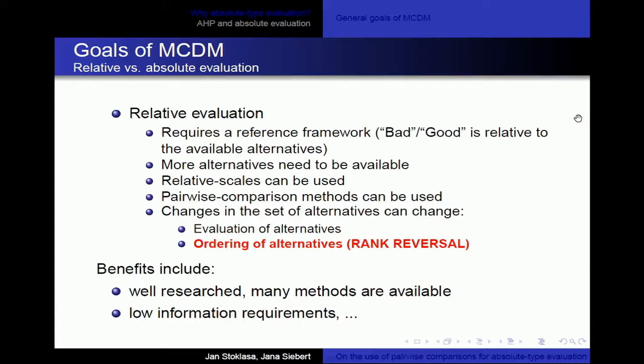Obviously, if you only have one alternative, ordering is not a problem, but the evaluation of the alternative, if you only have to compare it with itself, becomes impossible. But then again, you might not have a decision-making problem if you only have one alternative, but you might be interested in its evaluation. So this is one drawback of relative type methods. If you only have one alternative at a time, it might be difficult to even use those methods.